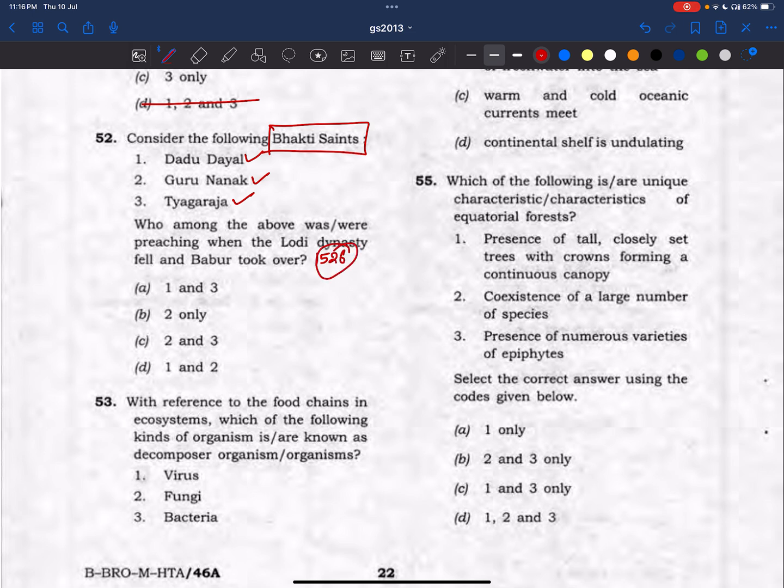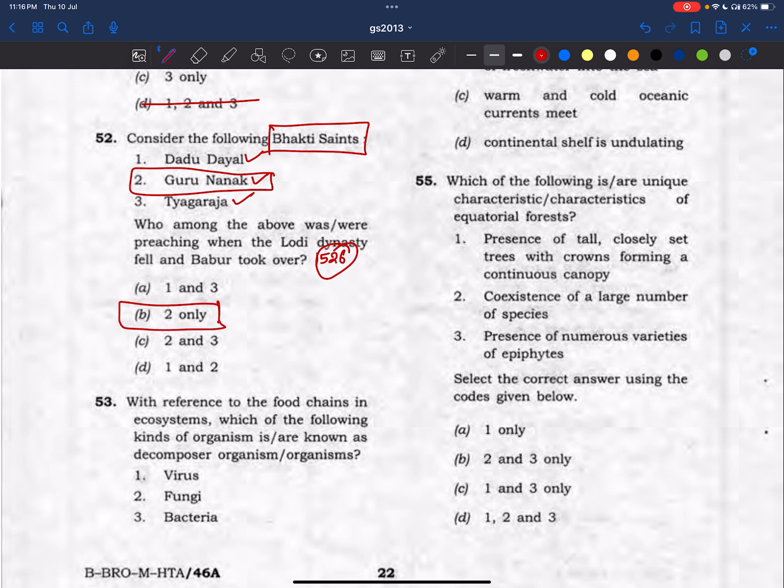In Spectrum, it is directly mentioned that there are a few contemporaries of Babur, like Ibrahim Lodi, Sri Krishna Devaraya, and Guru Nanak Ji. Answer is only two.